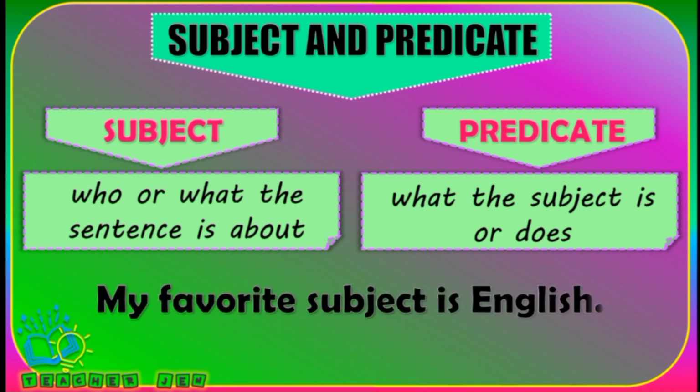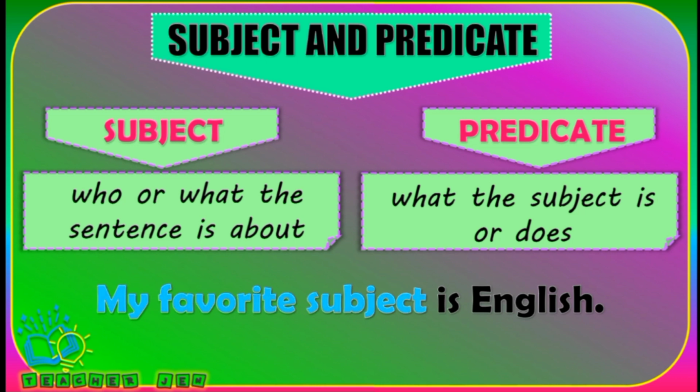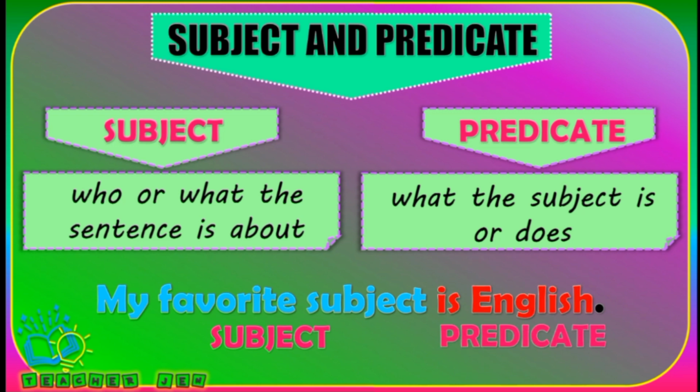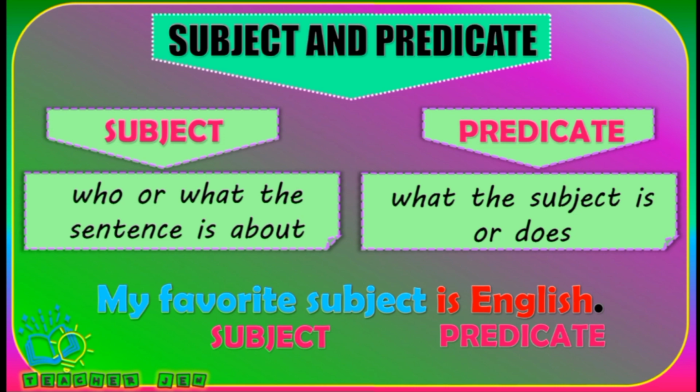For example, my favorite subject is English. In this sentence, the subject is my favorite subject, while the predicate is English. Here we can see that the noun of the subject is the word subject and it is followed by the verb is.